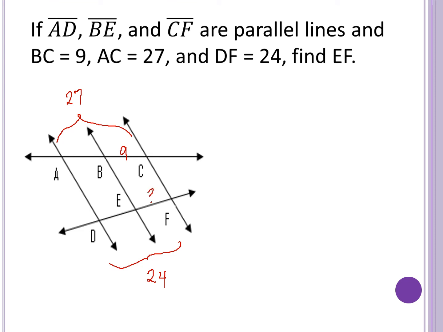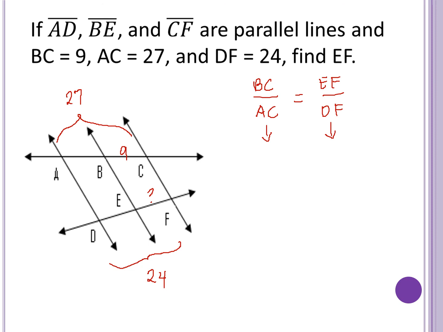Okay, in order to find the value of EF, we apply here the extended parallel proportionality theorem. We can form a proportion from the given. So we can write, we know that the ratio of BC to AC is equal to the ratio of EF to DF.